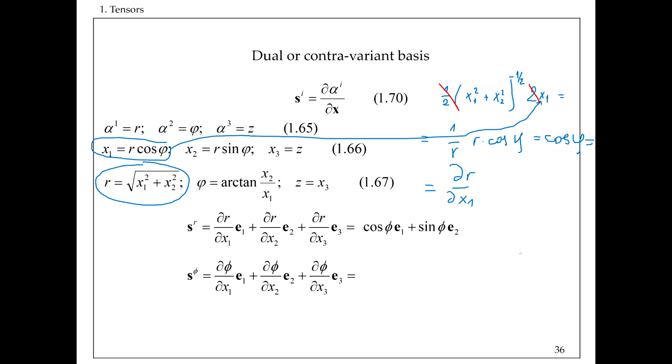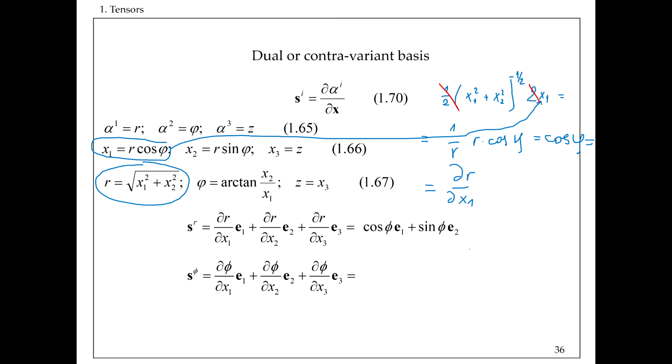This is a little bit tricky, because this was straightforward. Now I need to remember what the derivative of the arctangent of some argument is. Just to remind, let's write it properly so we can follow that.